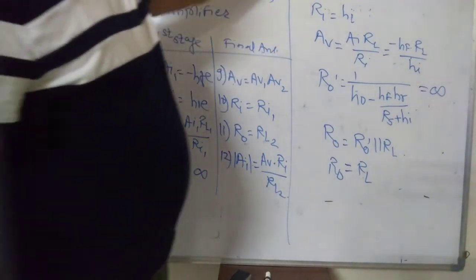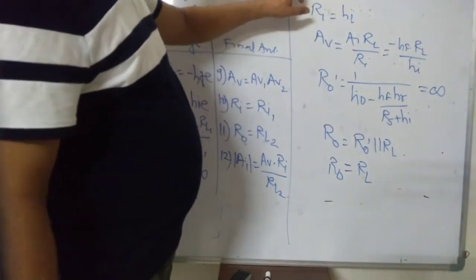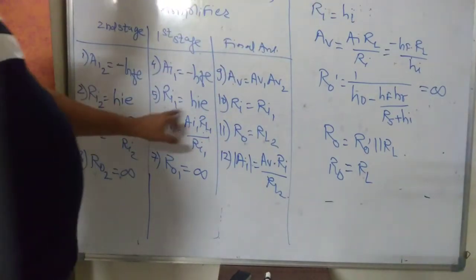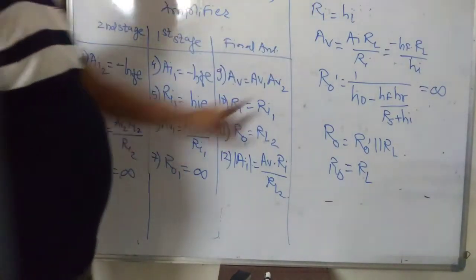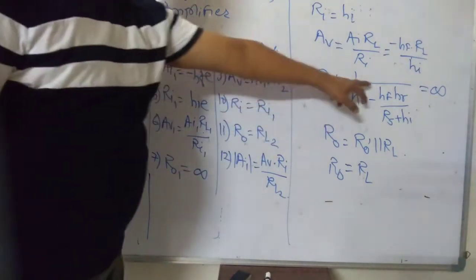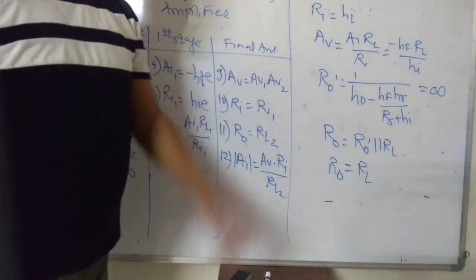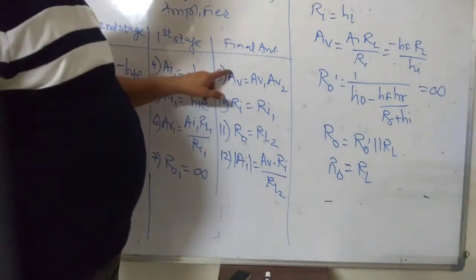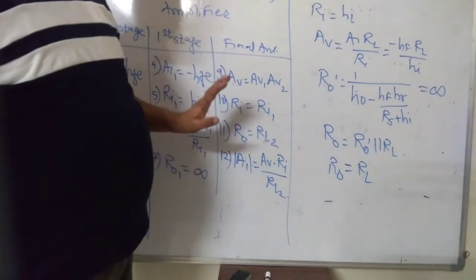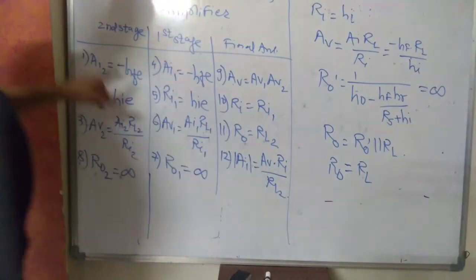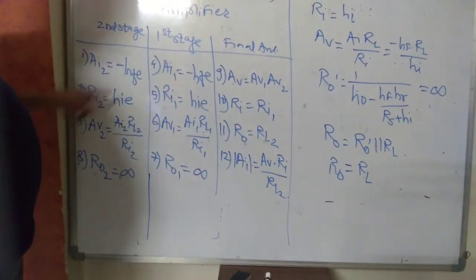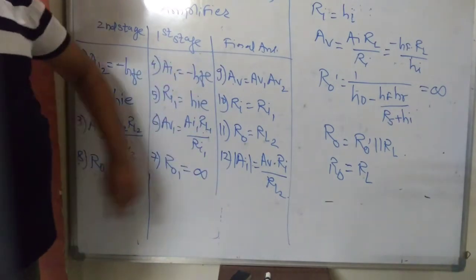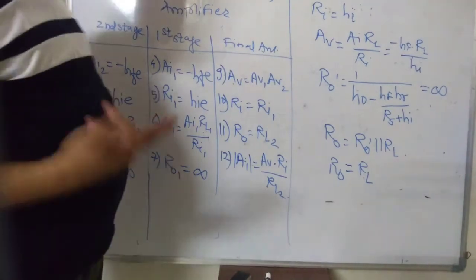So these are the approximated formulae: AI2, AI1, RI2, RI1, AV2, AV1, RO1, RO2 infinity, and then total answers. The figure will be given and you will be asked to calculate AV, RI, RO, AI. But for that, you have to solve 1, 2, 3, 4, 5, 6, 7, 8, and then the rest. Is that clear? So we will take a numerical now.